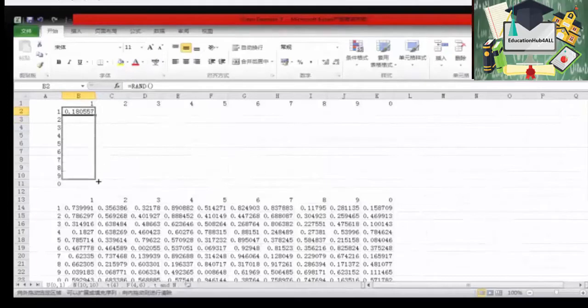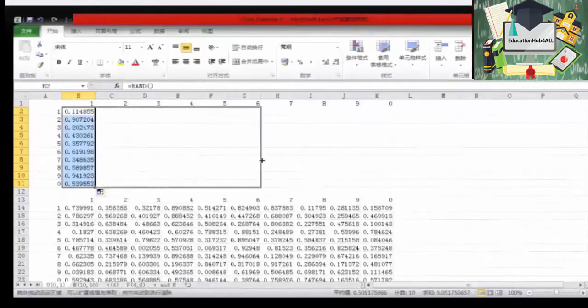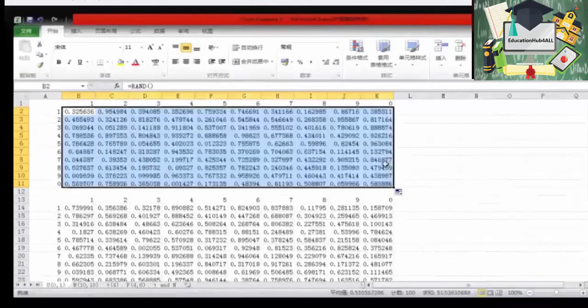Let's say we want to generate 100, so you just drag down and drag to the right. The 100 values you have may be different from mine, it doesn't matter.